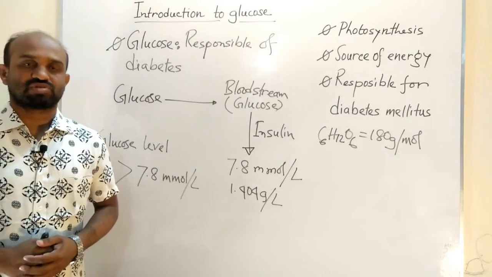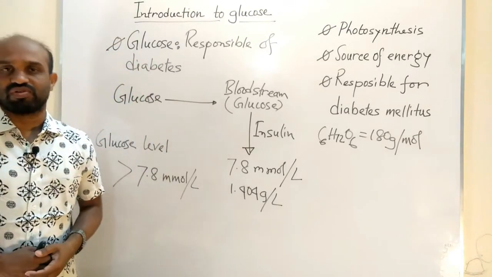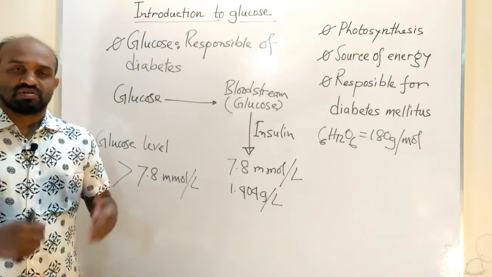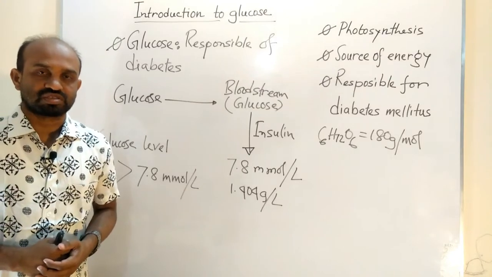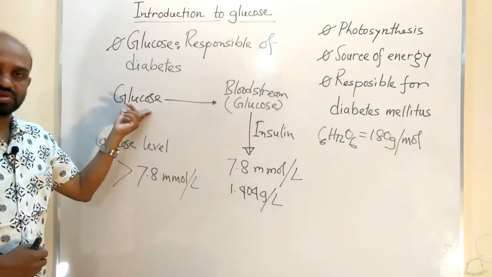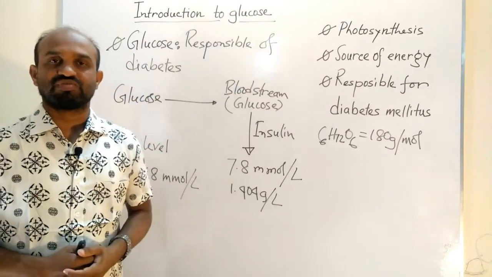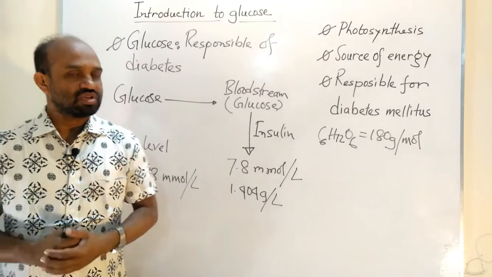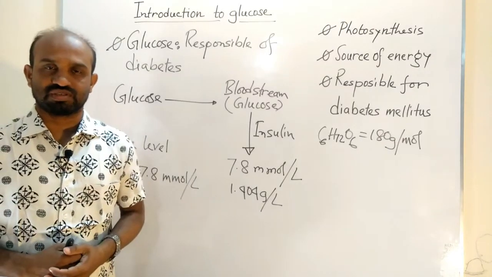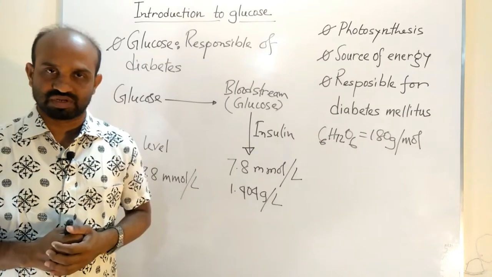Now we'll try to learn how glucose is responsible for diabetes. From the previous discussion we learned that glucose goes to bloodstream in presence of insulin. Insulin is a chemical substance which is produced from the beta cell of pancreas.